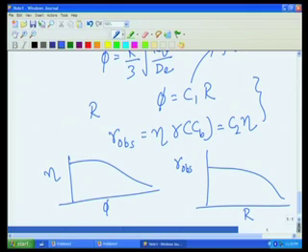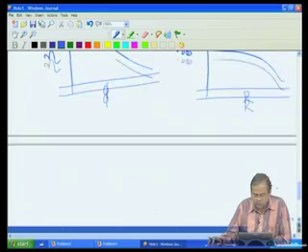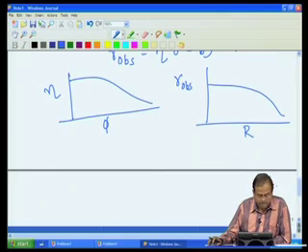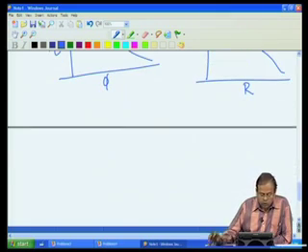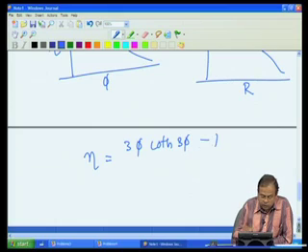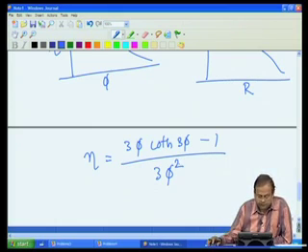Okay. So, now let us rewrite this and see how we can get that. We know for a spherical catalyst our eta is 3 phi cot 3 phi minus 1 divided by 3 phi square.